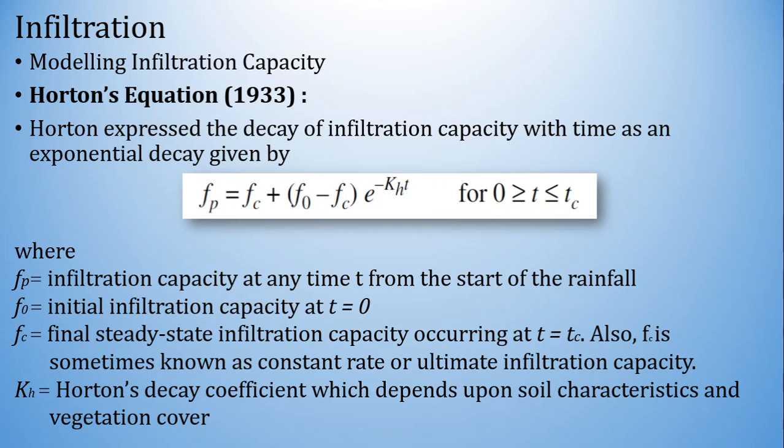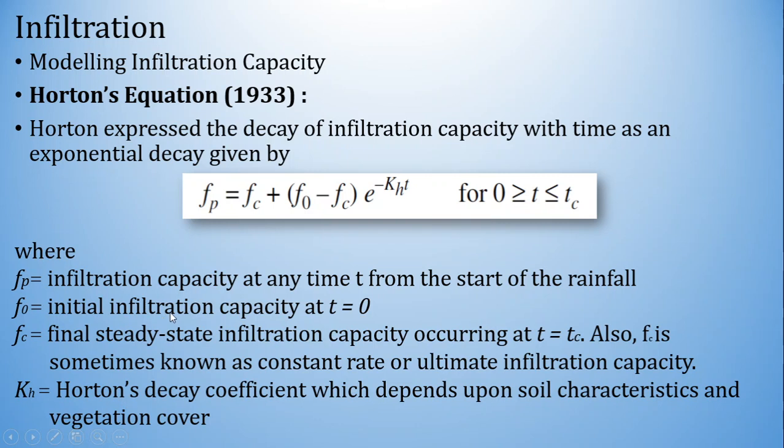Horton expressed the decay of infiltration capacity with time as an exponential decay given by f_p is equal to f_c plus (f_0 minus f_c) e raised to minus k_h t, for 0 less than or equal to t less than or equal to t_c, where small f_p is the infiltration capacity at any time t from the start of the rainfall, which we are interested to estimate.